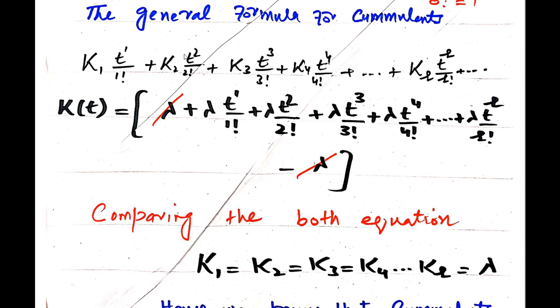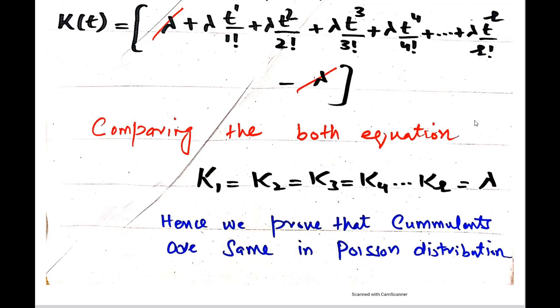Here with t square our k2 is lambda, and k3, which is with t power 3 over 3 factorial, is also lambda, and k4 is equal to lambda, and kr is also equal to lambda. So we proved that all cumulants are the same in Poisson distribution.